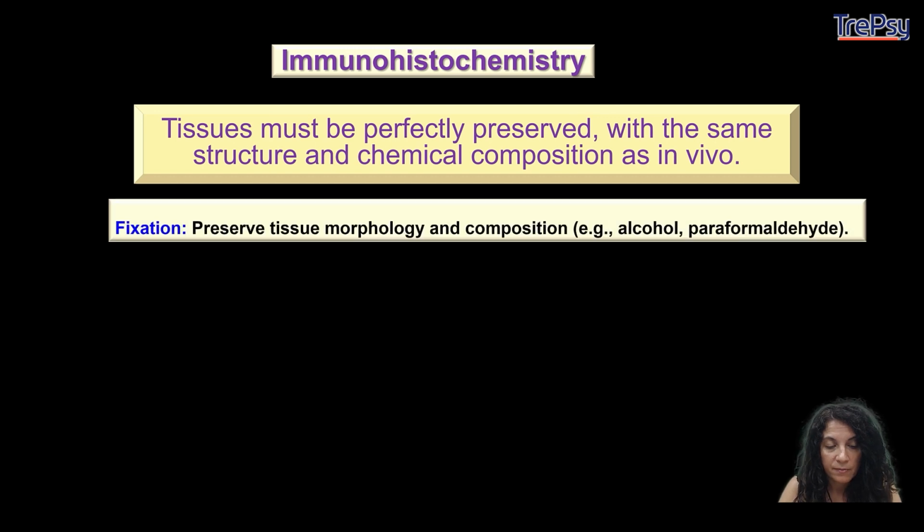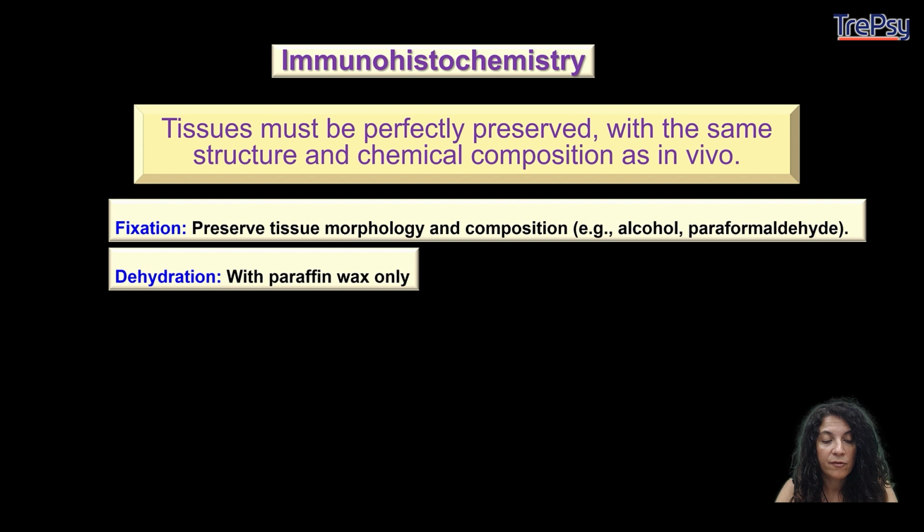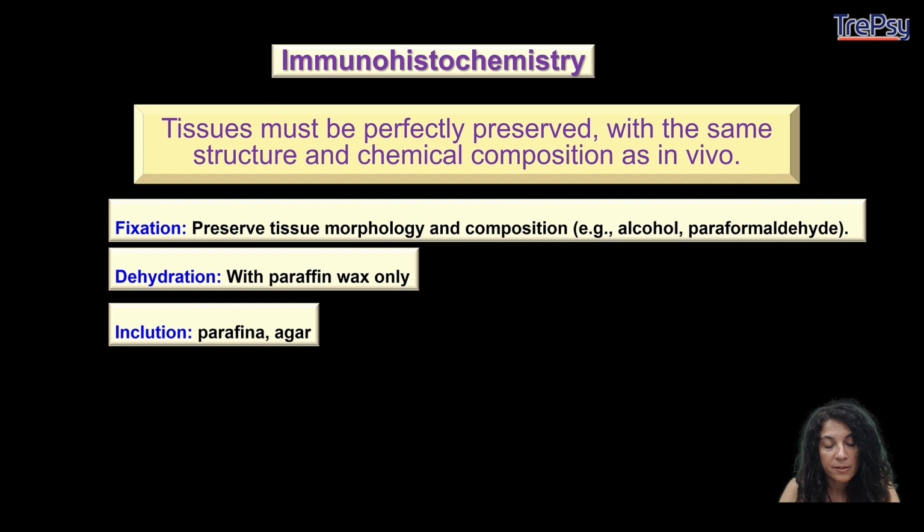The fixation preserves tissue morphology and composition, and we use different types of fixative like alcohol, paraformaldehyde, glutaraldehyde, between others. The second part, if you will include in paraffin wax, we need to have a dehydration of the tissue, but with paraffin wax only.